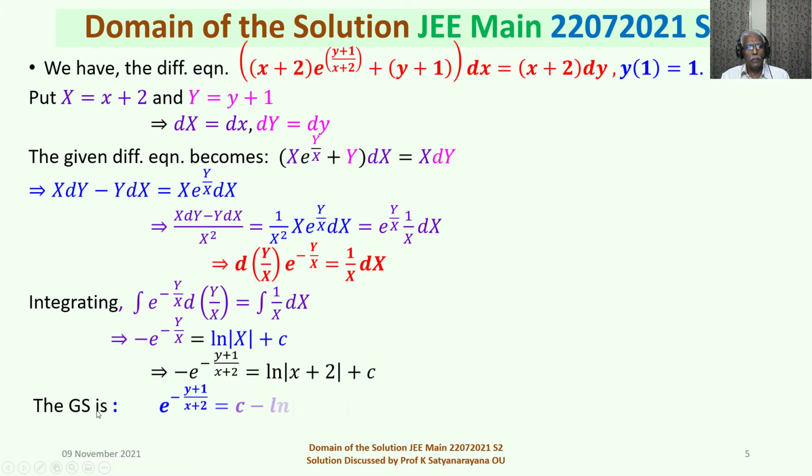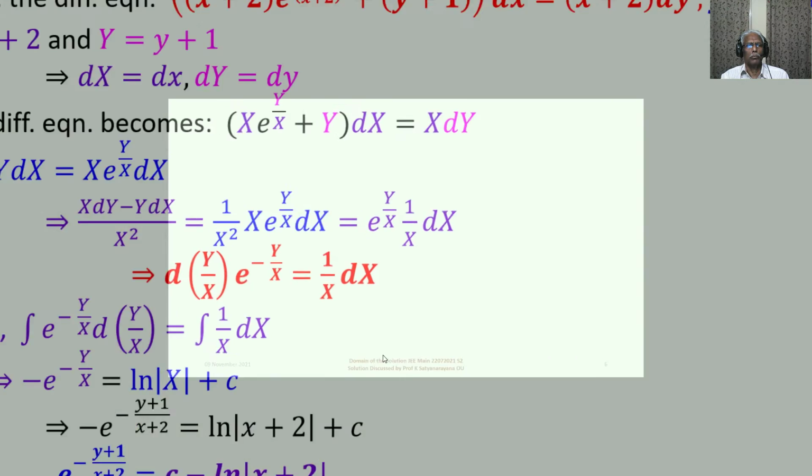So the general solution is e to the power of minus (y+1)/(x+2) is equal to c minus ln of (x + 2), as you are multiplying throughout by minus. And we have the general solution from the last slide.